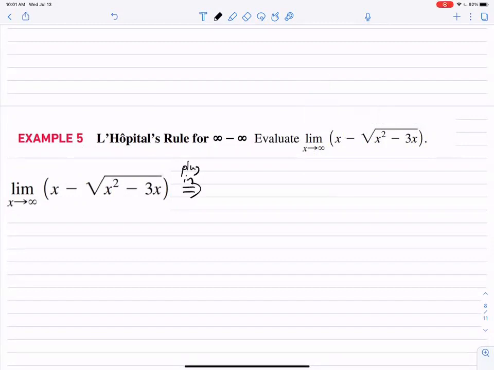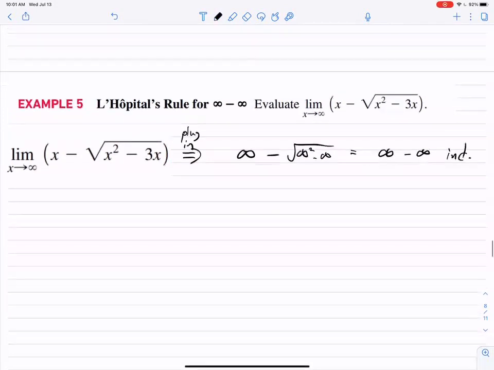If you just try plugging in, you'll get infinity minus square root of infinity squared minus infinity. But obviously this one is bigger than that one. Infinity squared is bigger than infinity. This whole thing's going to infinity. And so this is infinity minus infinity. So this is indeterminate. We don't know which one's going to win.